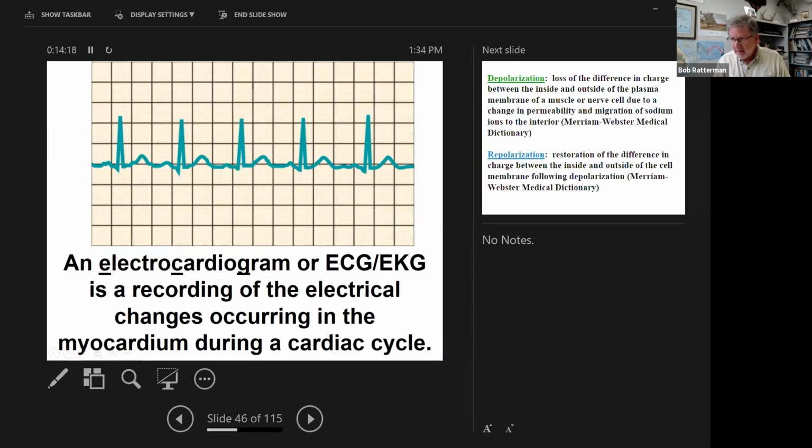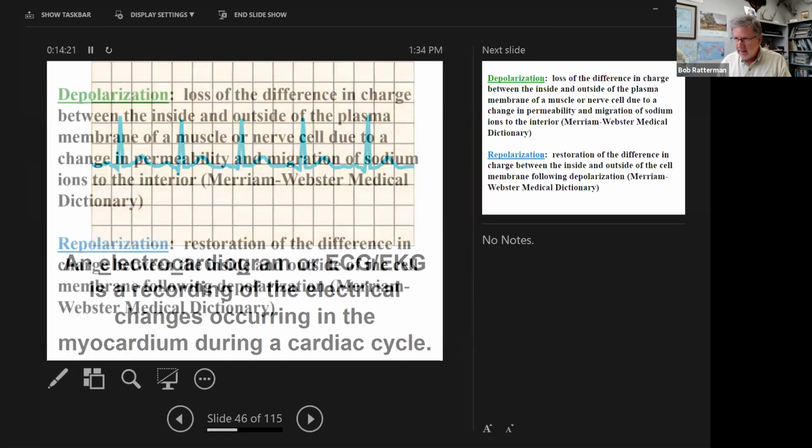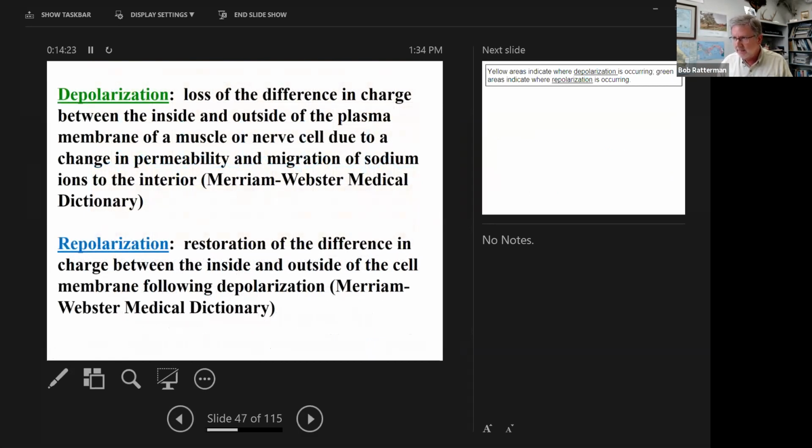Before we get into different aspects of the ECG, there are these 2 terms that we want to sort of define. And this gets back, I think, Paige, to your question about ions, maybe. Depolarization and repolarization. These words you're going to hear about next semester when you take A&P2, in the nervous system. When we talk about a nerve impulse being generated along an axon, you're going to be hearing about this initial depolarization of the membrane, followed by repolarization of the membrane.